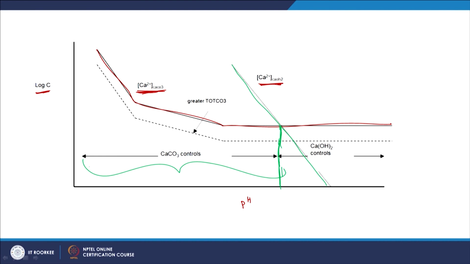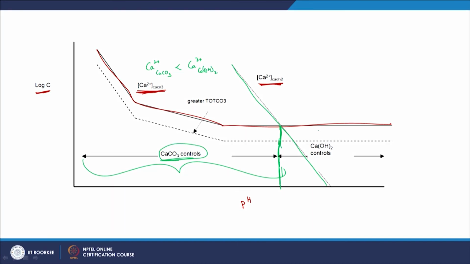CaCO3 will thus predominate in this region, because Ca2 plus in equilibrium with CaCO3 is going to be less compared to the Ca2 plus in equilibrium with Ca(OH)2.